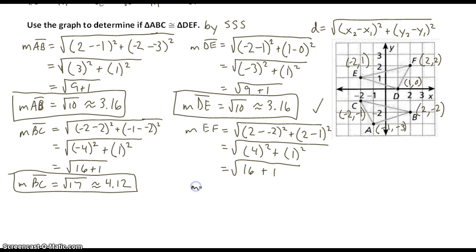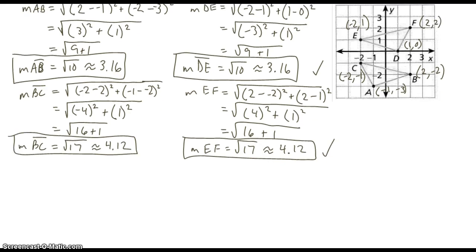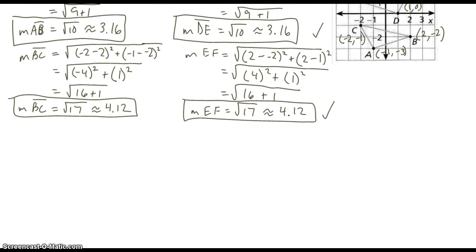So the measure of EF is the square root of 17, which is approximately 4.12 big. So I have a second pair of congruent sides. Now I need to finally make sure that my third pair of sides is congruent.